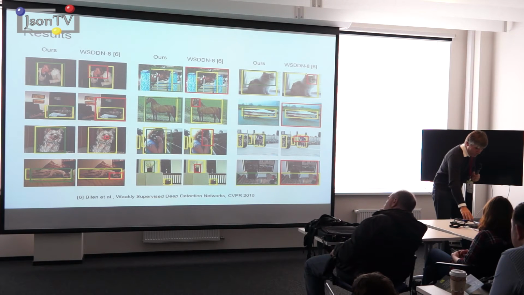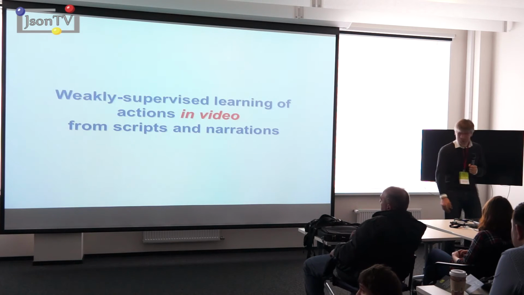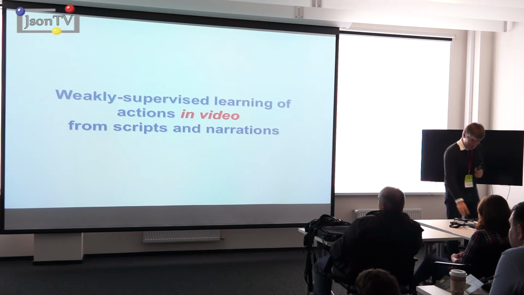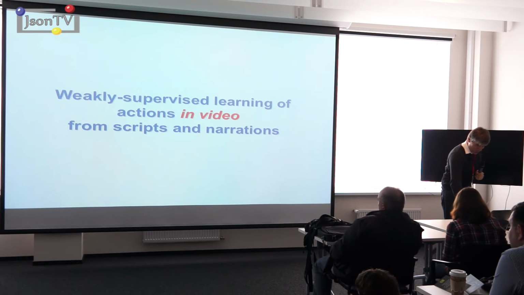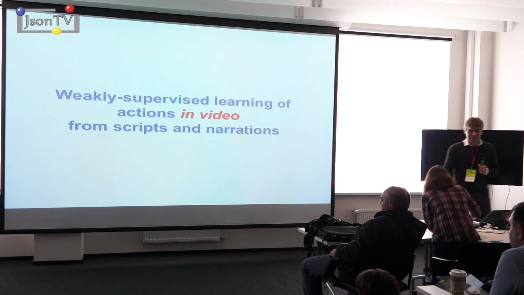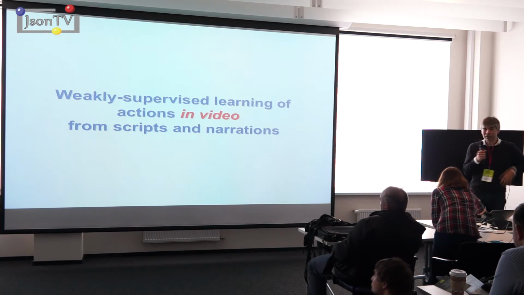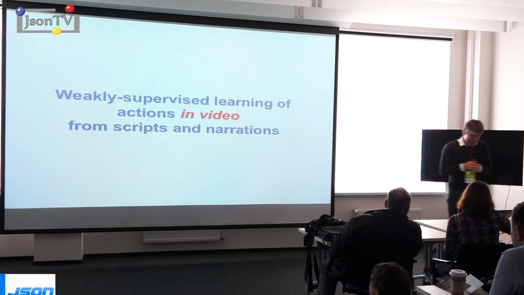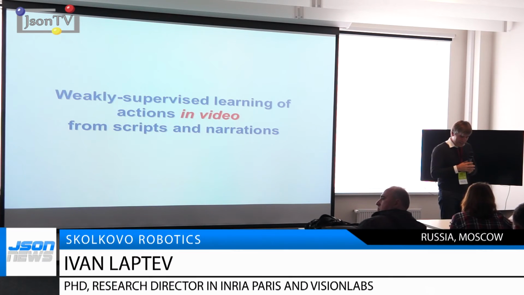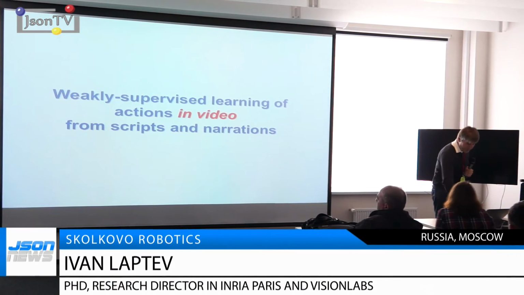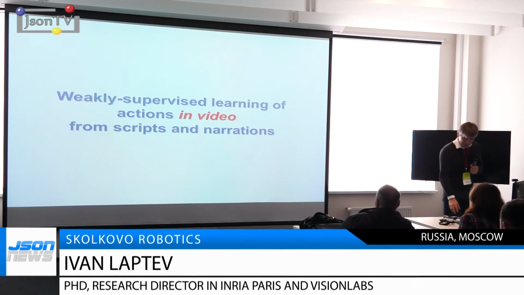Let me then go on. The next part was about video, and maybe I'll just very briefly walk through it. As we recognized objects, we also want to recognize actions in video. There are many reasons to do this.